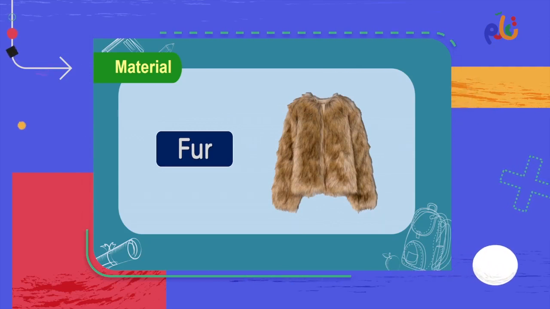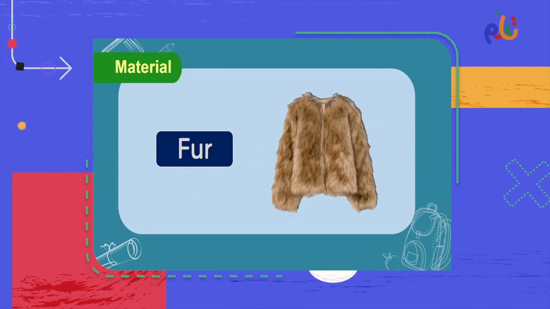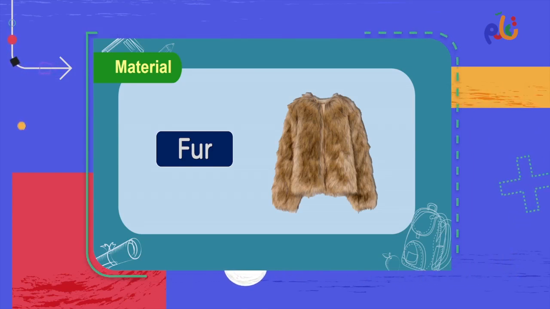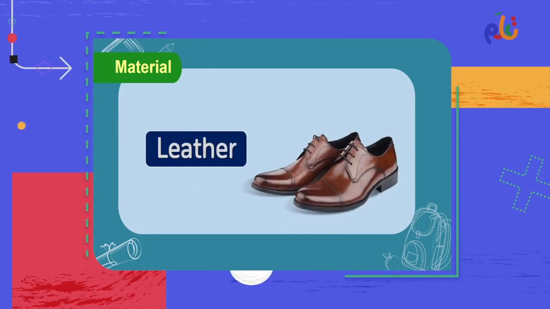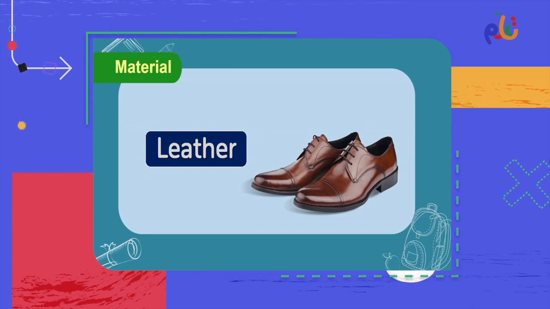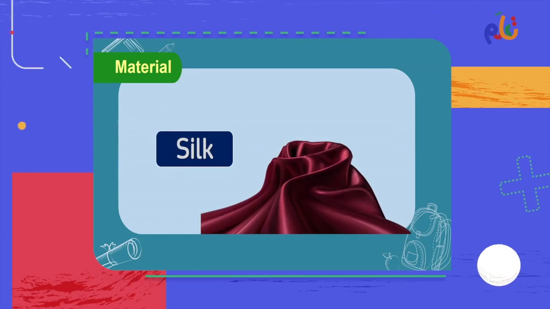We also have fur, and like you see it in the picture, it's the animal fur or فر الحيوانات. We also have leather. Leather is الجلد عموما. And we have silk. Silk is حرير.